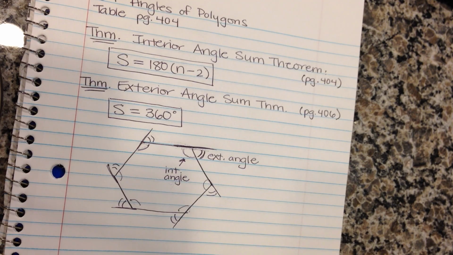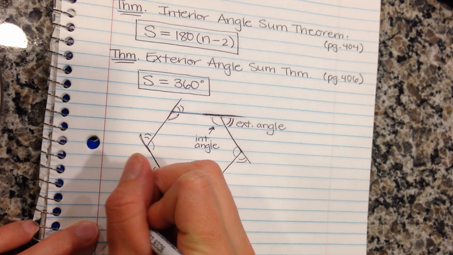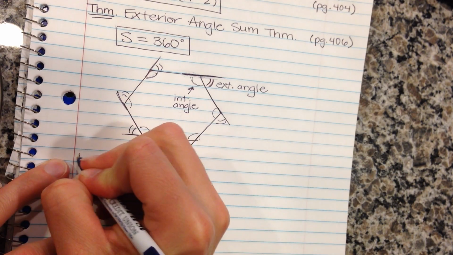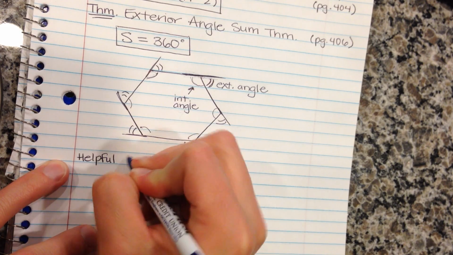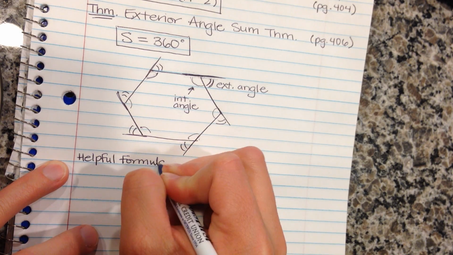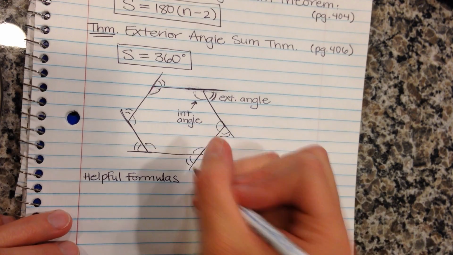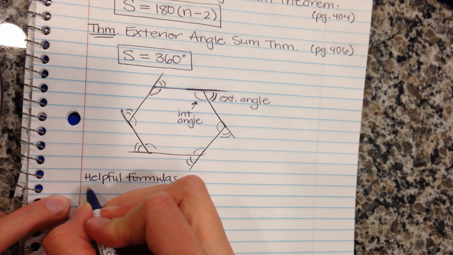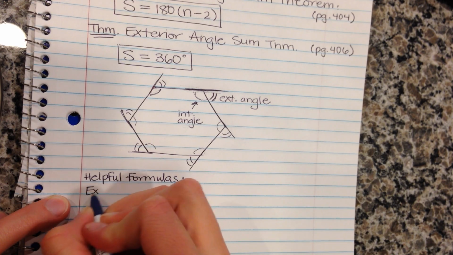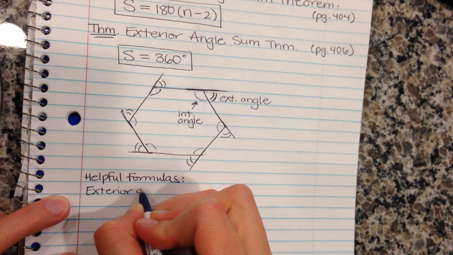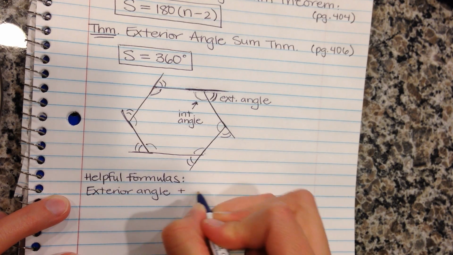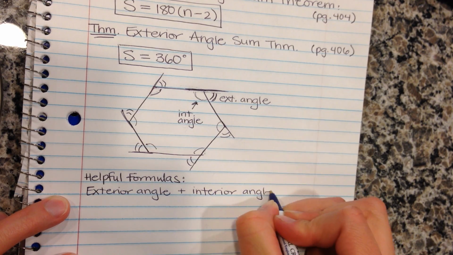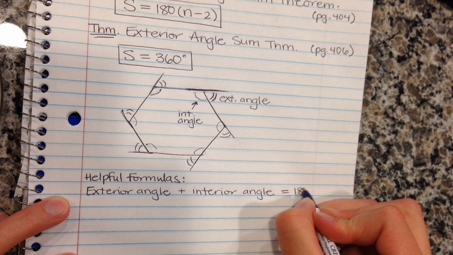So that means that some extra, I'm going to call these helpful formulas because they're not formulas that are theorems, so they're stuff that you would just derive based off of this. So the first one is that an exterior angle plus an interior angle form a linear pair, which means that they add up to 180 degrees.